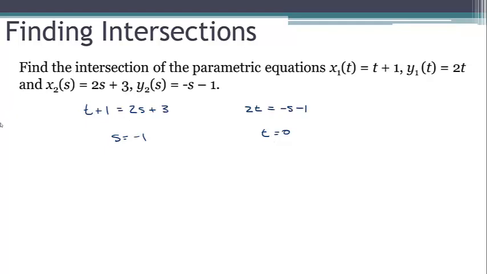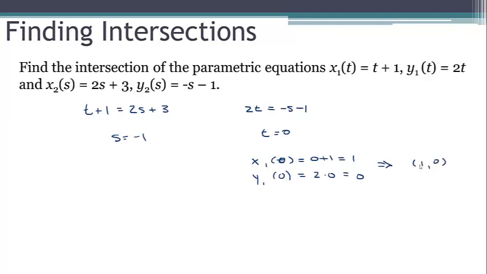So if we use t = 0 to calculate those values, we get x = 1 and y = 0, which makes the intersection (1, 0).